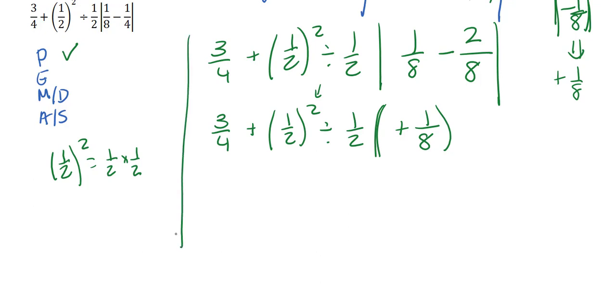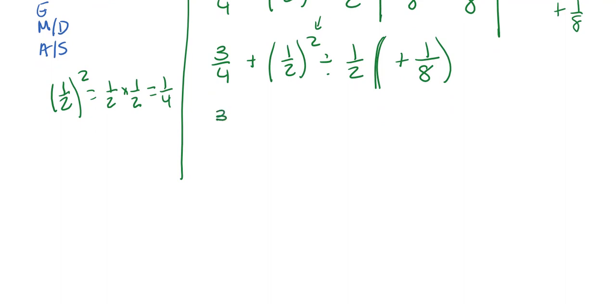So let's rewrite it like that. We have 3 over 4 plus 1/2 times 1/2, so that's 1/4, divided by 1/2, then we have 1/8. And I just dropped the positive sign because it means the same thing both ways.